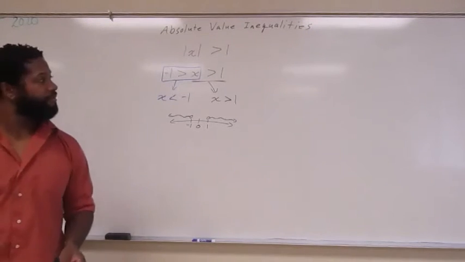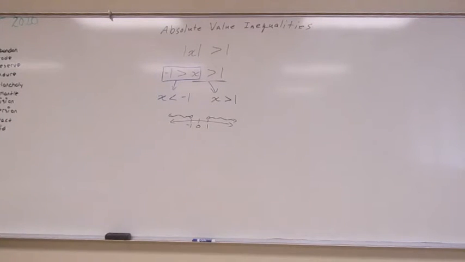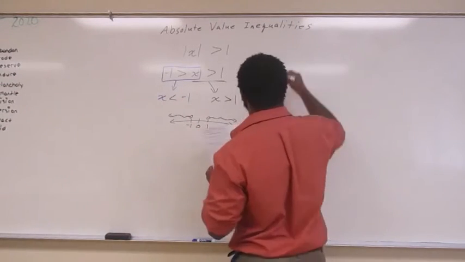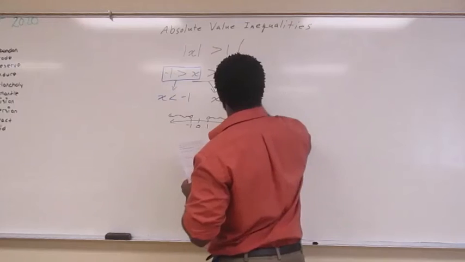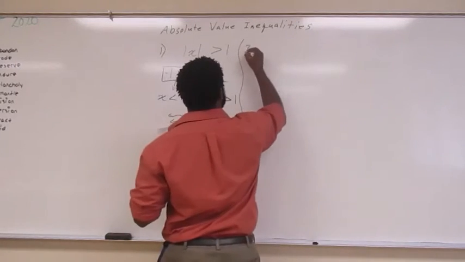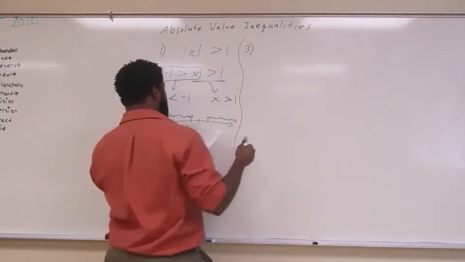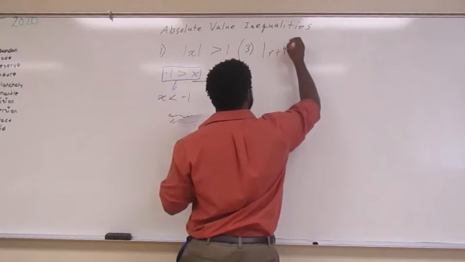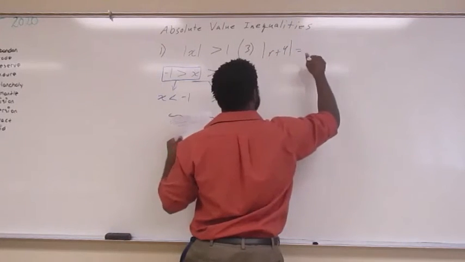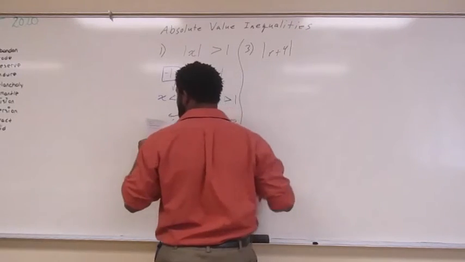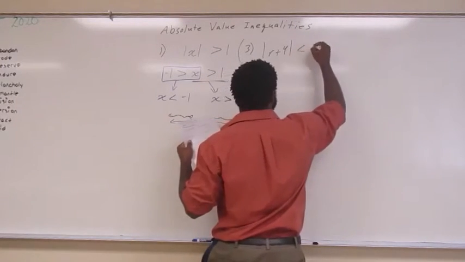Let me see. Look at number 3. Number 3 states absolute value of r plus 4 is less than 6.